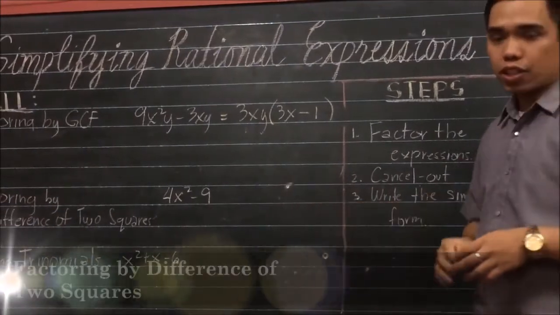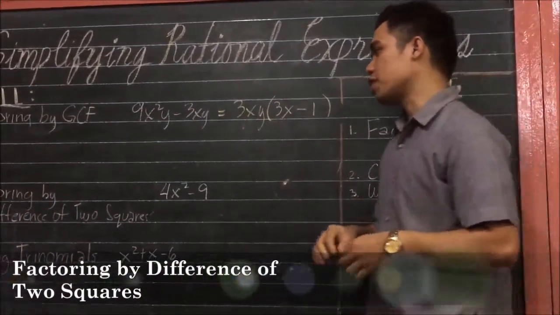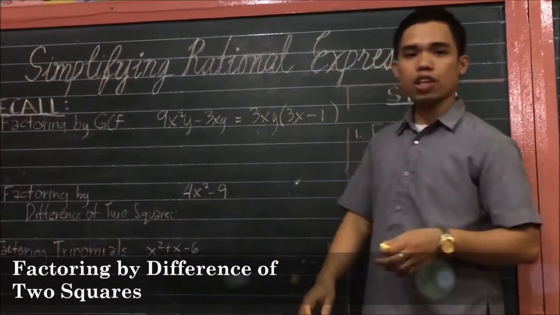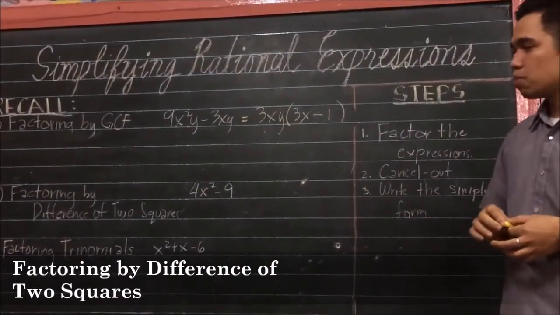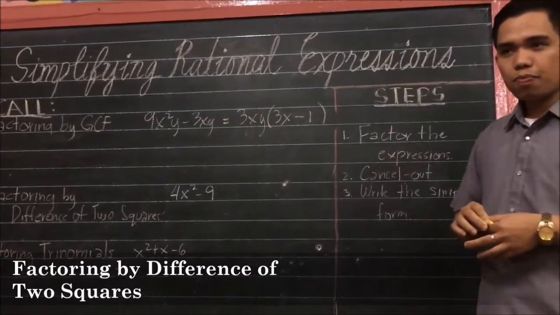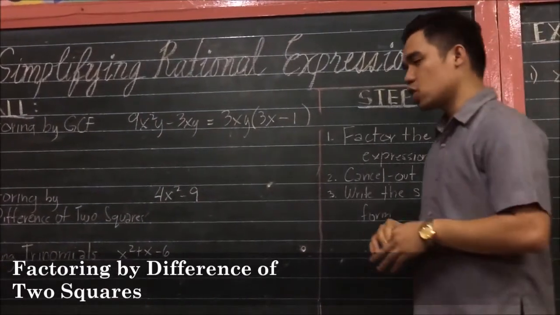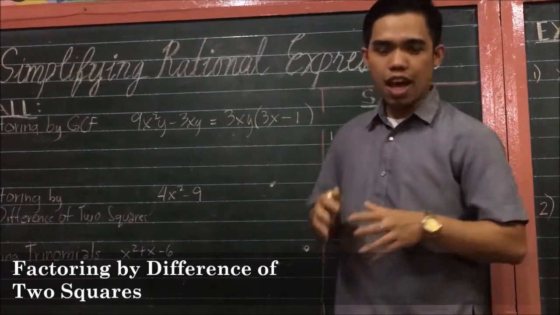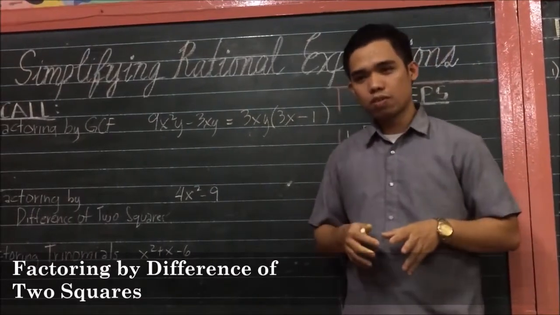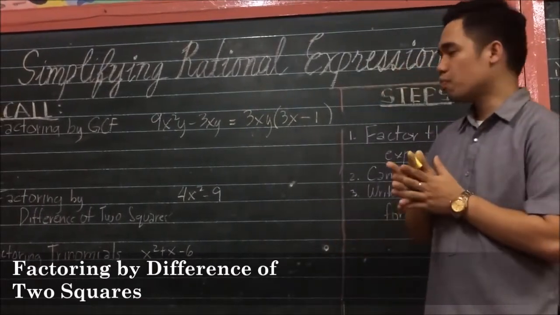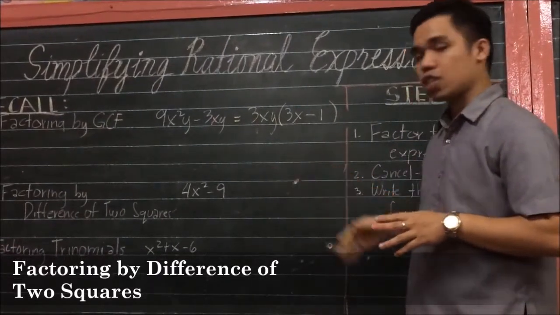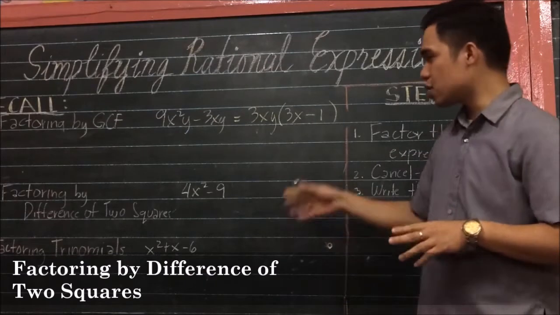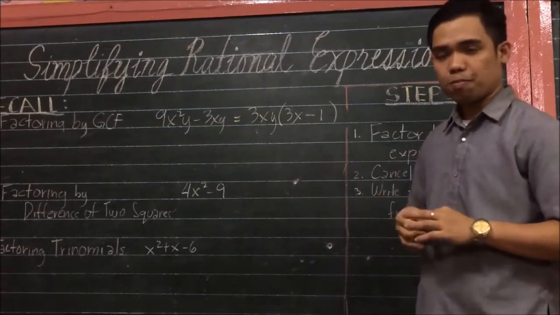Now let's move to factoring by difference of two squares. Consider this expression: 4x squared minus 9. How do we factor expressions by difference of two squares? We cannot always factor expressions by difference of two squares. It has to be two terms subtracted which are perfect squares. Are these two terms perfect squares?